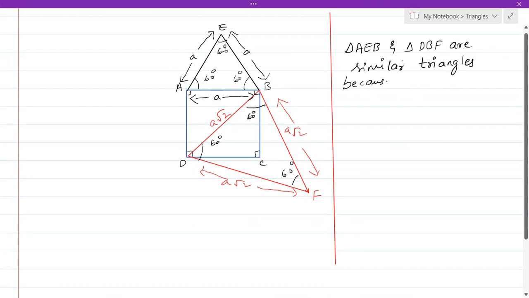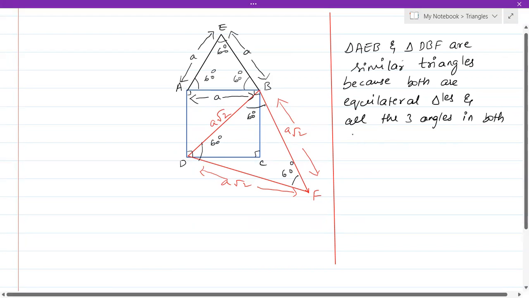Because both are equilateral triangles and all three angles in both triangles are equal to 60 degrees. Therefore, they are similar using the AAA criterion.